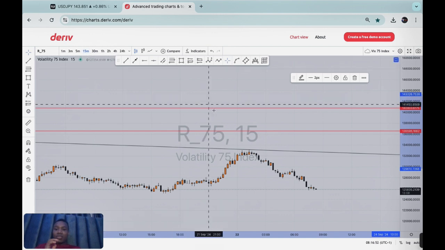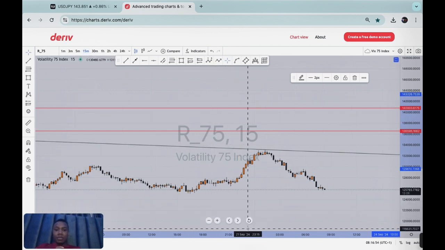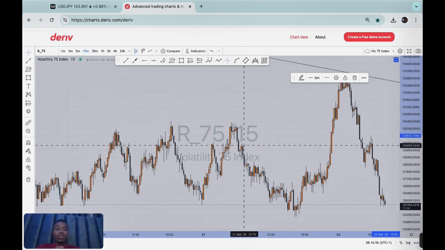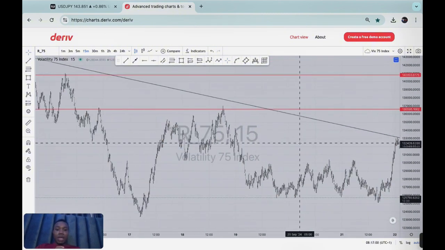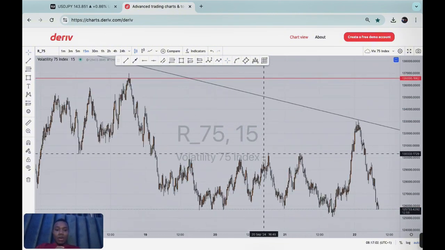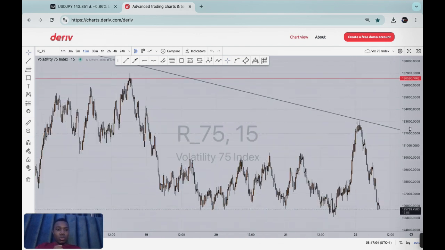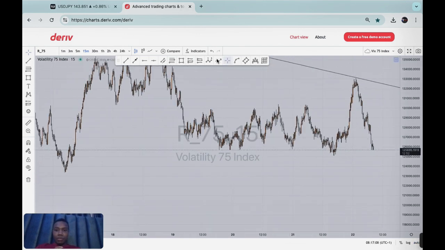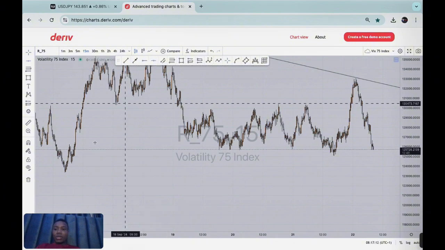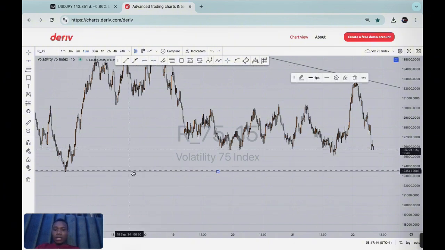We want to take advantage of what the market is currently doing. So we look at where the market is currently, and we start from there to draw our psych levels. Let's start from as low as here. We'll take our horizontal line and place it here.